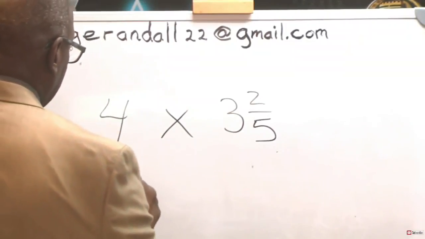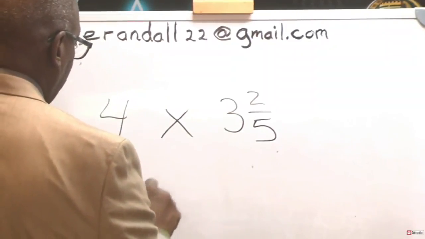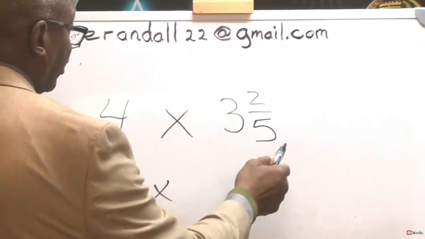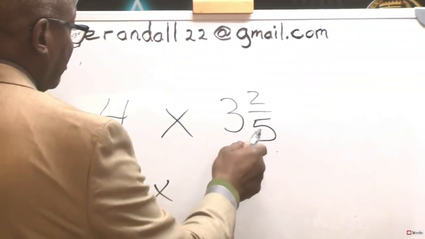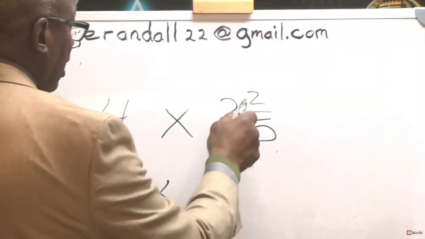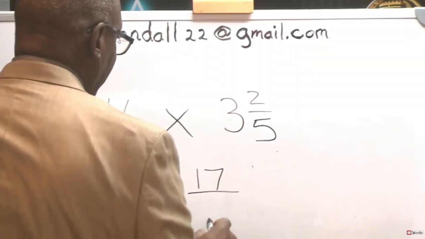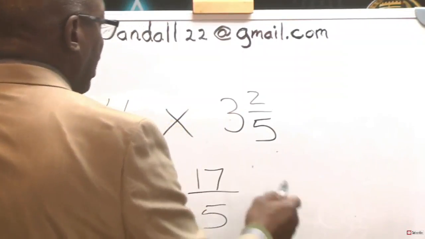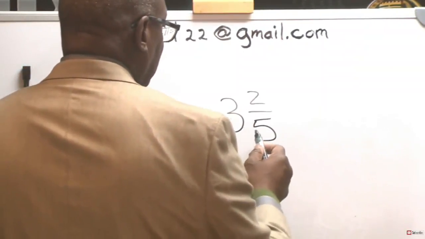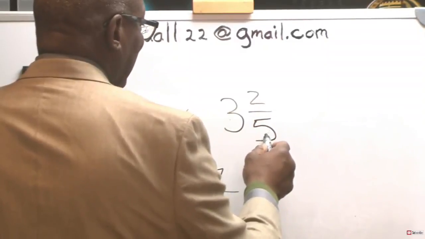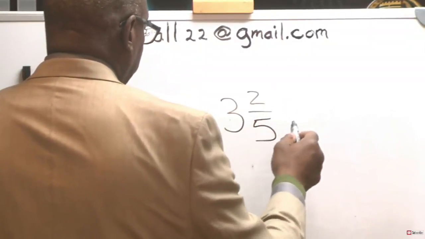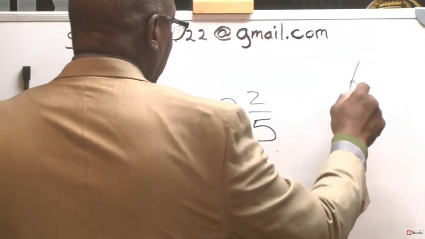Okay? Again, 4 over 1. And we're going to convert this mixed number. 5 times 3, 15, plus 2, 17 over 5. And a real quick estimate, this 2/5 is less than a half, so we're going to go 4 times 3, 12 is our estimate.